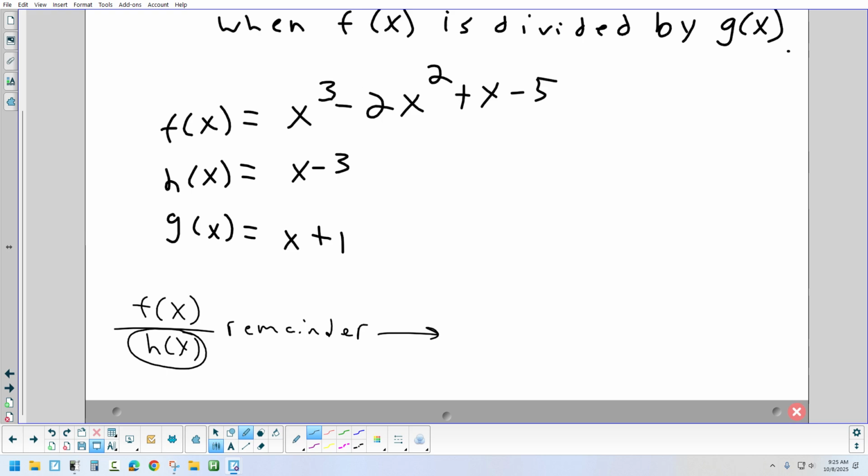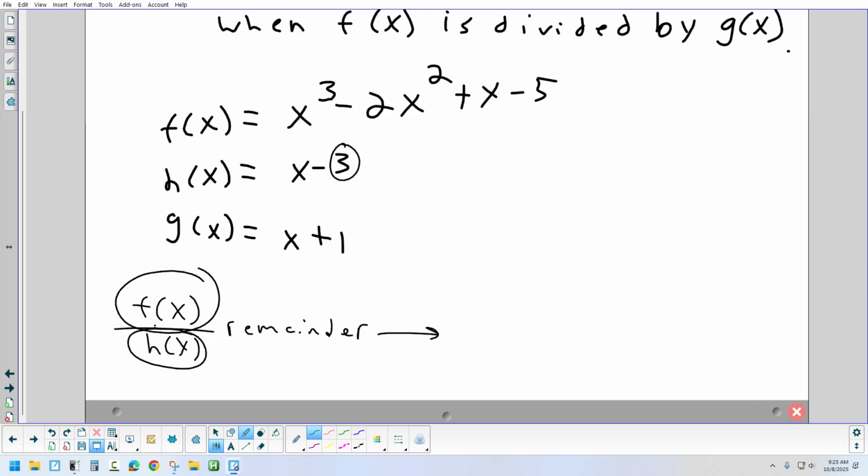It has to be x minus a number. It wouldn't work for g of x, right? We'll talk about g of x in a second. So x minus 3, that's perfect. What's the number after the minus sign? 3.